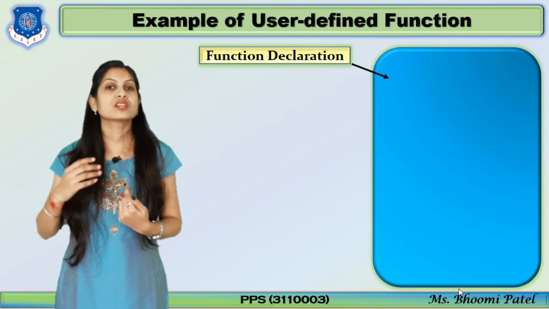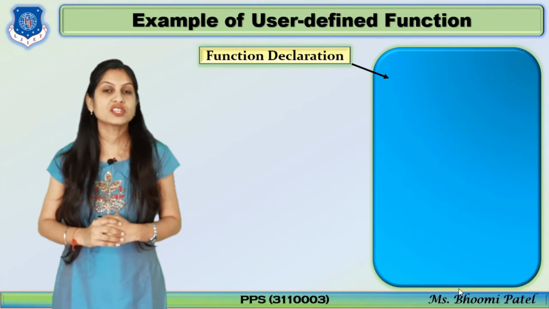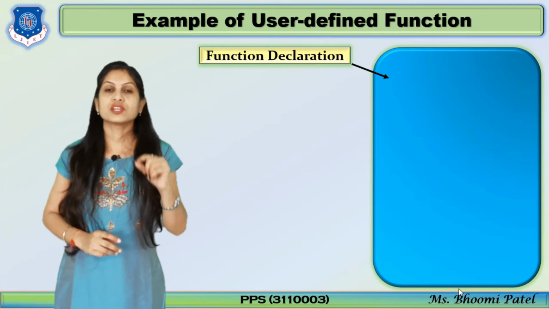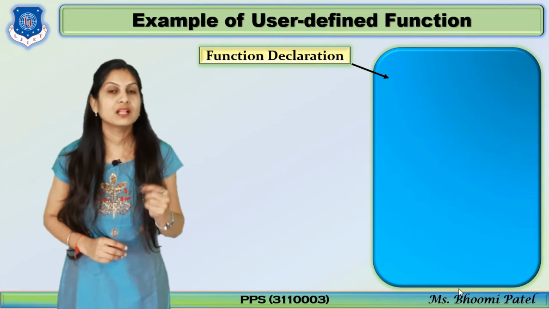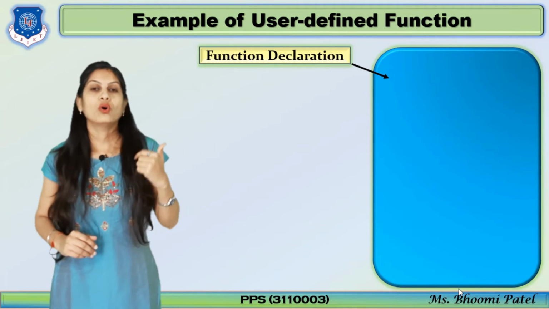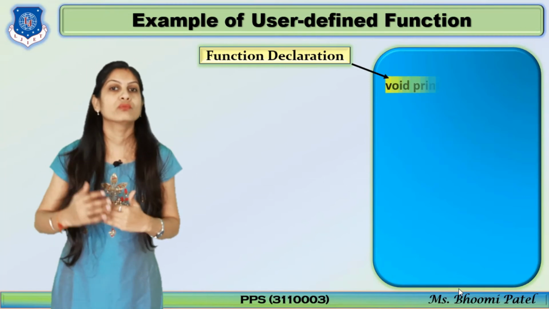If you remember the structure of a C program from theory, before void main there is the section for global variable declarations. In that section we can declare the global variables, and also the user defined functions. So always remember the function declaration is before void main.